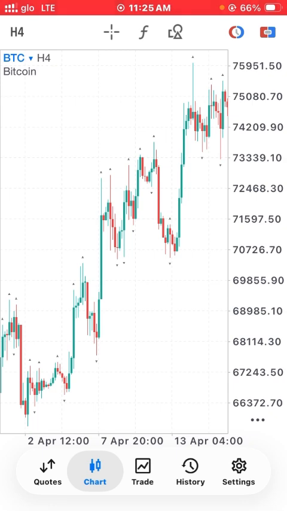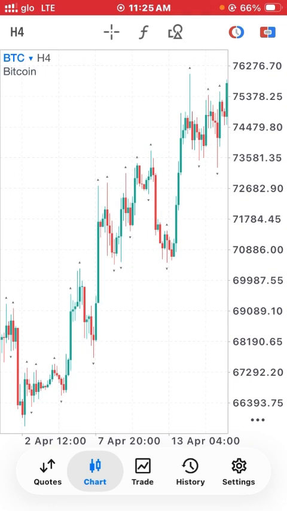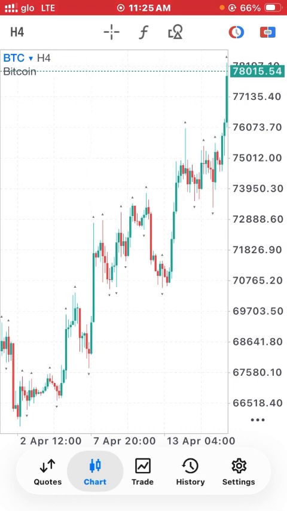Sorry, let me rephrase. Uptrend we have higher lows, and then downtrend we have lower highs. So in an uptrend we are going to be drawing the trend line, connecting the dots. We draw below price, connecting the lows, while in a downtrend we draw above, connecting the highs.